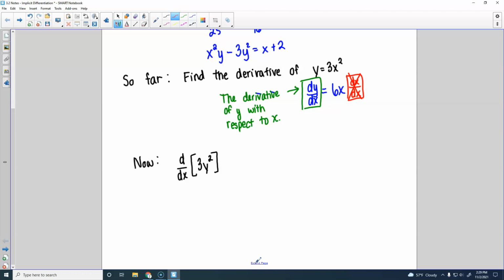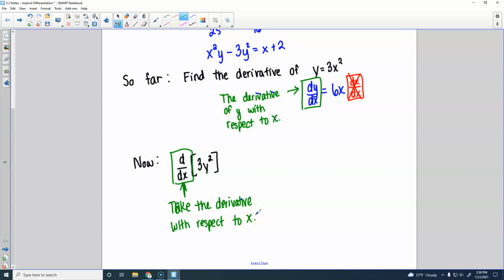Okay, so what we're going to be doing now is going to be different. We're going to be taking a derivative with respect to x. So when I see this right here, this means take the derivative with respect to x.